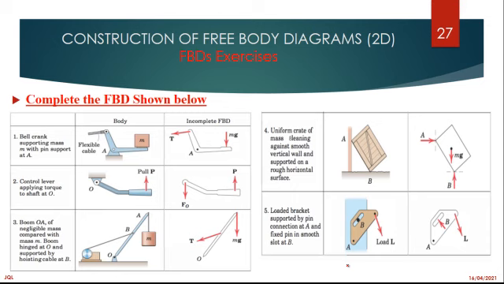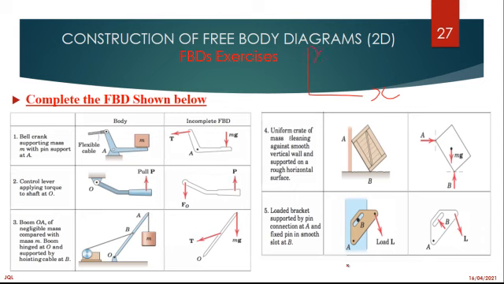I think the first one is a bell supporting a mass M with a pin support at A. So we all know that a pin is always, this is 2D, as you can see there, X and Y. So we agree that this is X and this is Y, right?